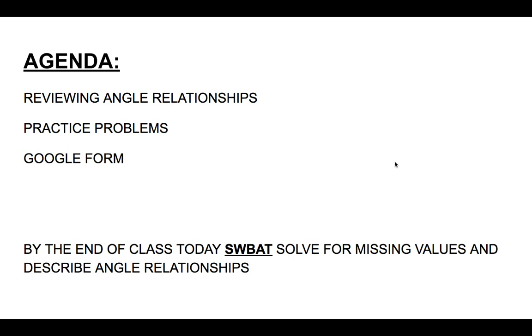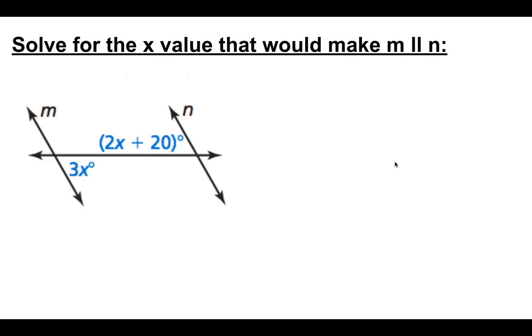That's your goal. So looking at this first problem, it says solve for the x value that would make m parallel to n. So we want this line m to be parallel to n. The first thing you want to do is look at your two angles. Are those two angles inside or outside of lines m and n?